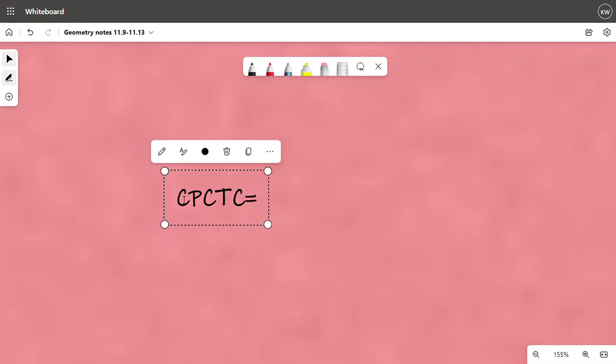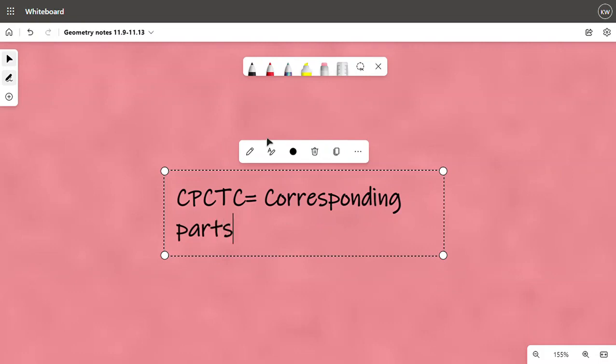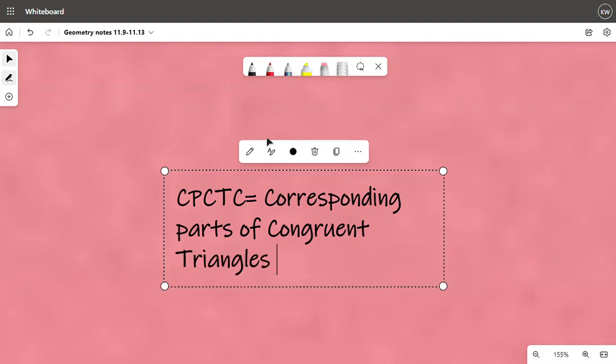All right, now what does this actually mean? This is short for the corresponding parts of congruent triangles are congruent.